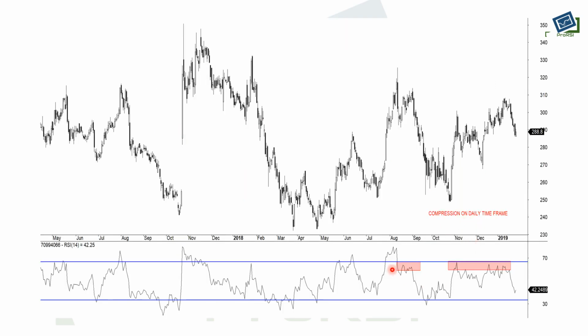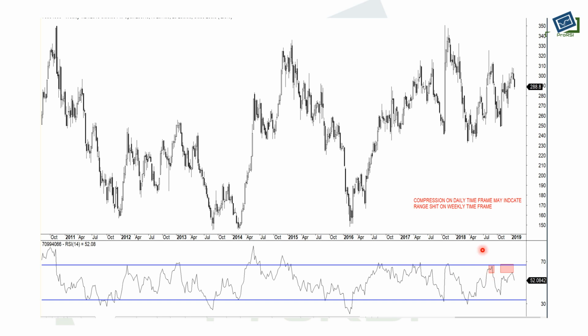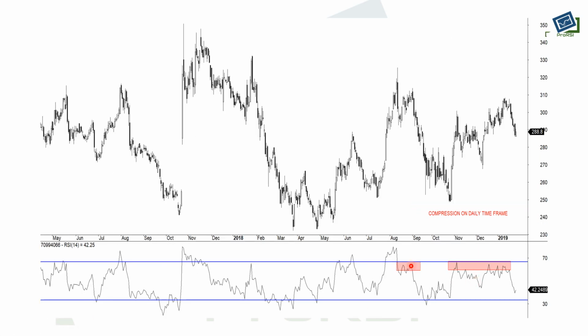So this is the compression on daily time frame. Now on this time frame, when a compression occurs, we do not see anything great to happen. But after the compression, just see what happened. On the daily time frame, we are having compression, right?